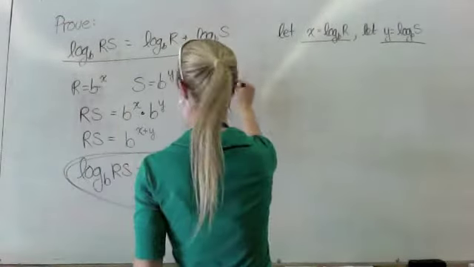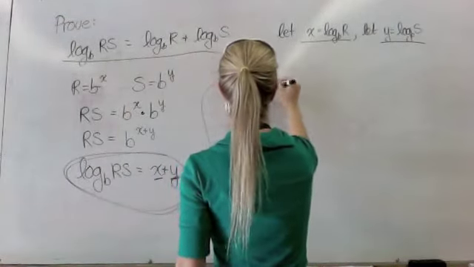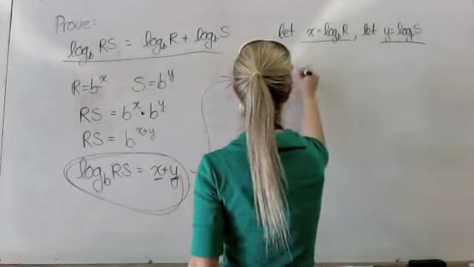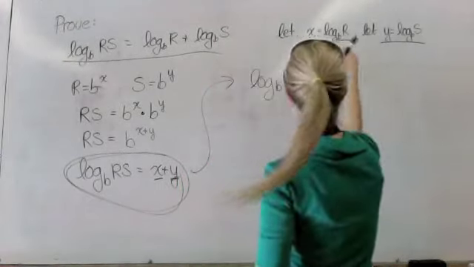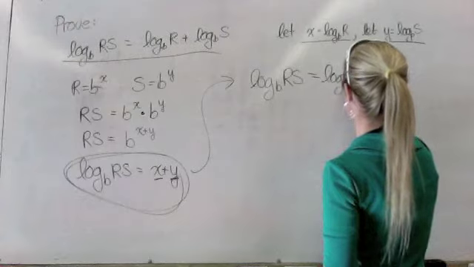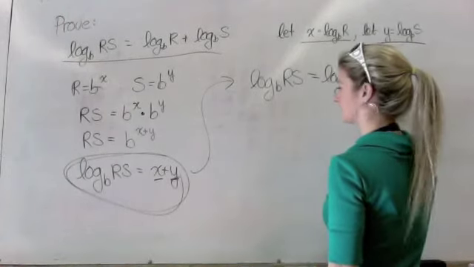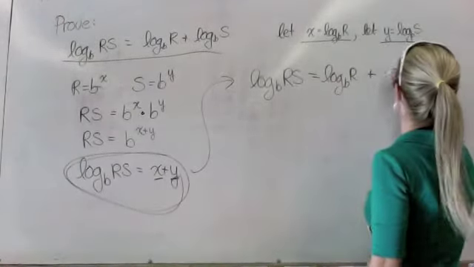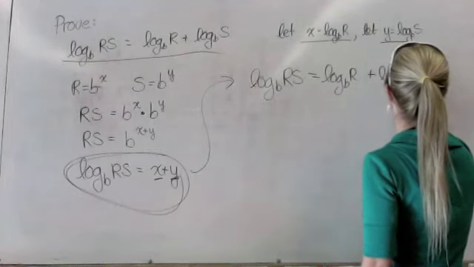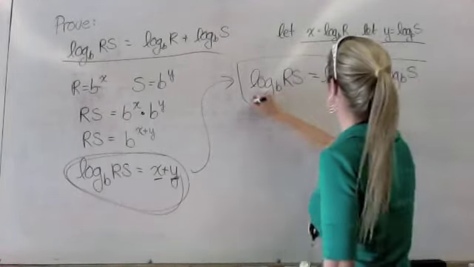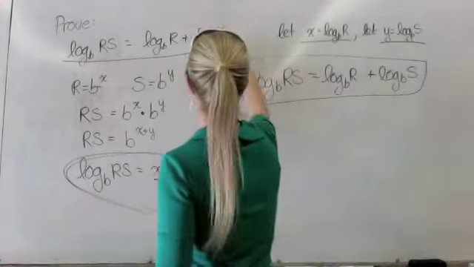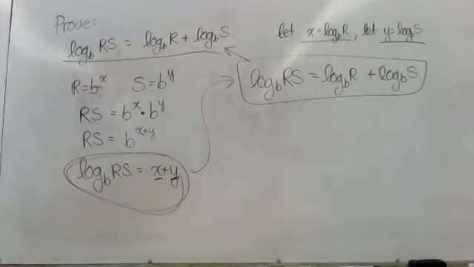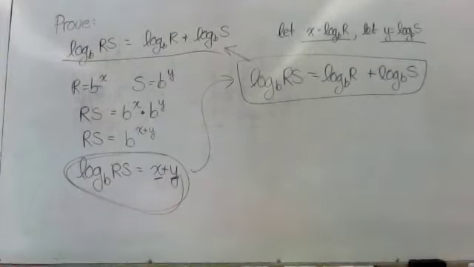So coming up here, that means that the log base b of rs equals x, also known as log base b of r, plus y, also known as log base b of s. And then look, that right there matches that right there. Everybody see that? Okay. Any questions?